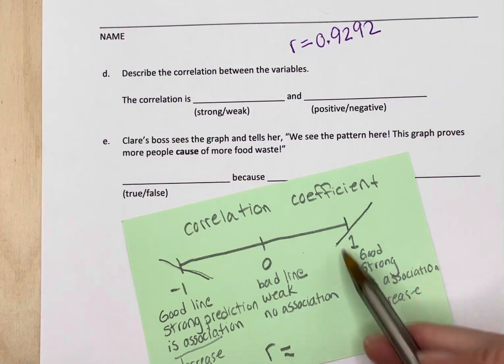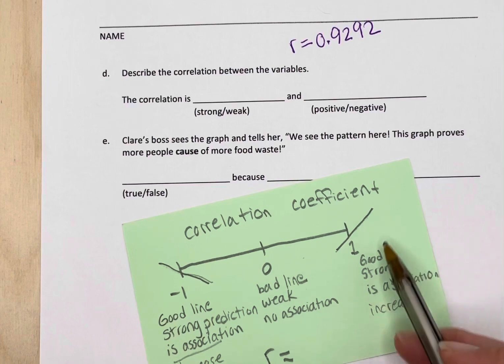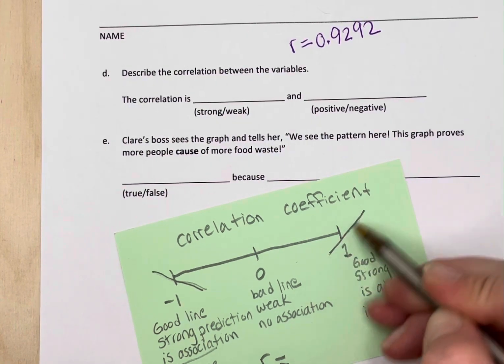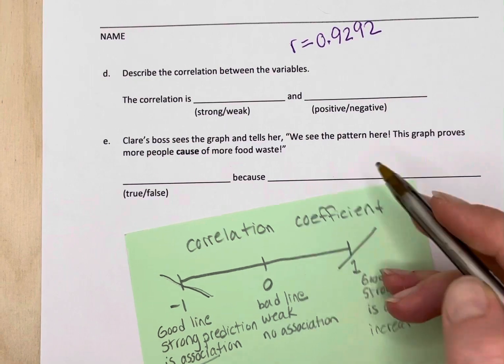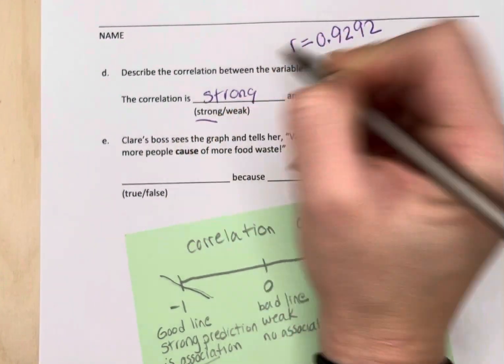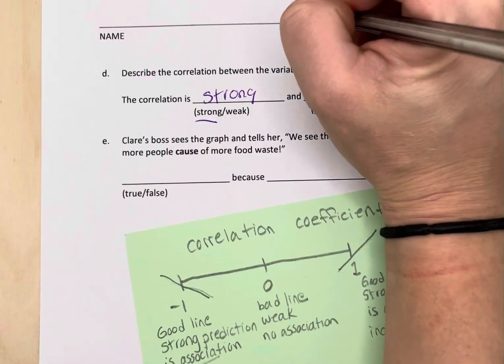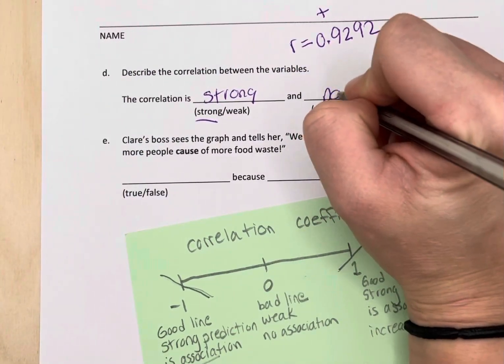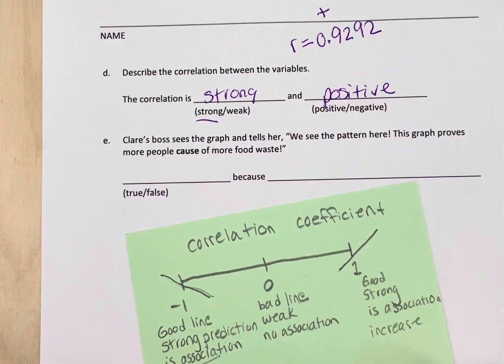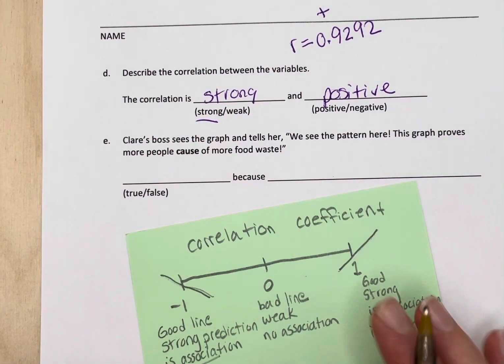This correlation is very close to 1, which means it is words like good, strong, and look here, it is positive. So the correlation is strong. And because this is a positive number, it is also a positive correlation. If it was a negative number, it would be a negative correlation.